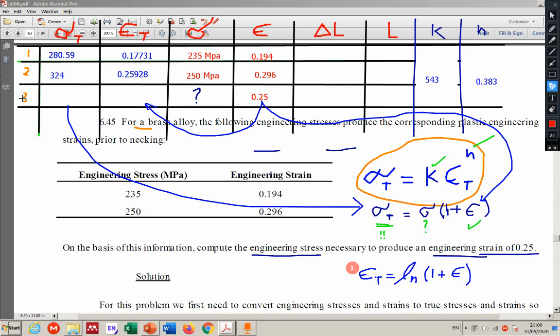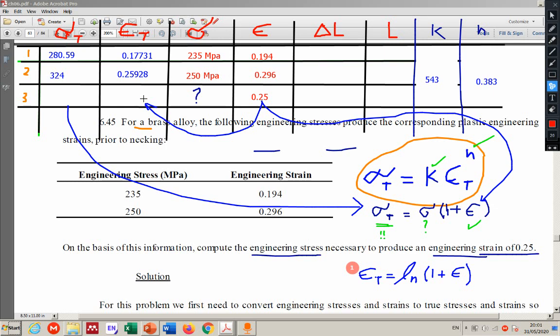Now, our work is on the third case. We have an engineering strain 0.25. We want to find the engineering stress, but we cannot directly find it, so we have to use an indirect way. The indirect way means we have to find the true stress and true strain, then we can come back to the engineering stress there. So we can simply convert an engineering strain to a true strain by using this equation: ln 1 plus 0.25.